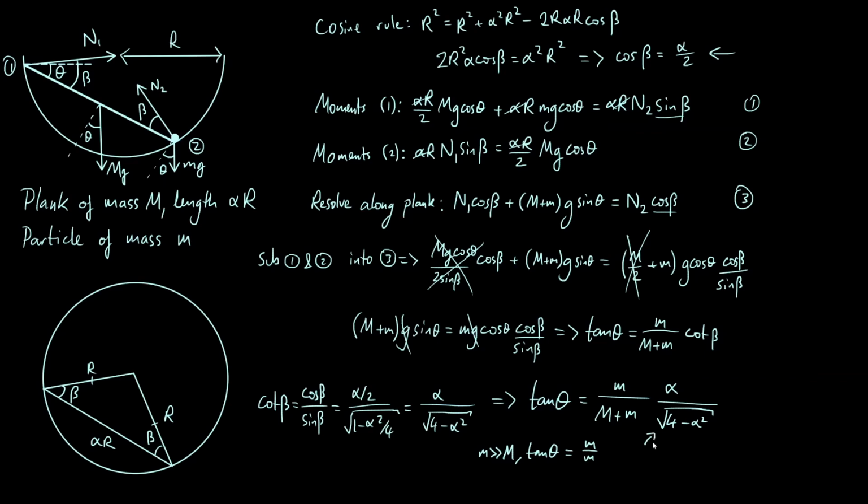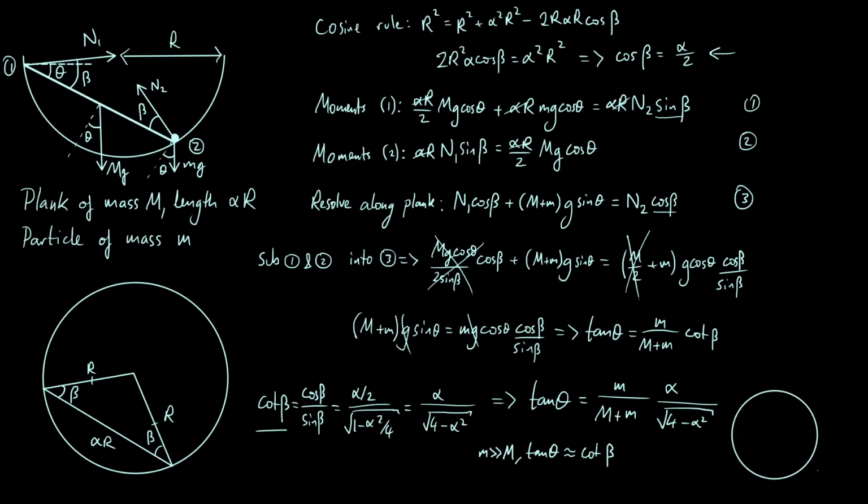And we'd just be left with this alpha over root 4 minus alpha squared. But remember, that was just cot of beta, right? So if small m is much bigger than big M, then tan theta is roughly equal to cot of beta. Now, what does that actually mean?